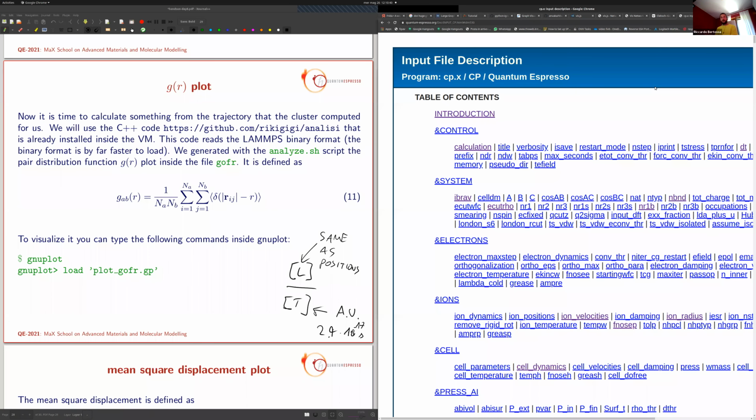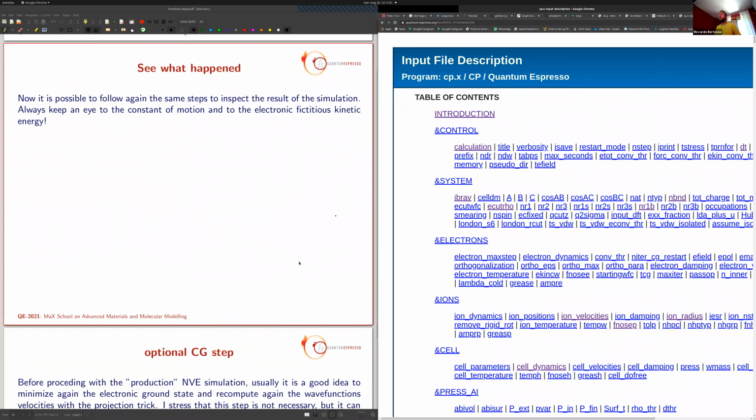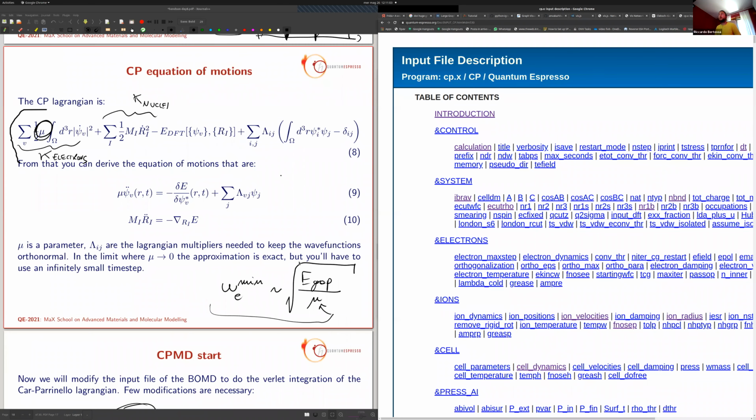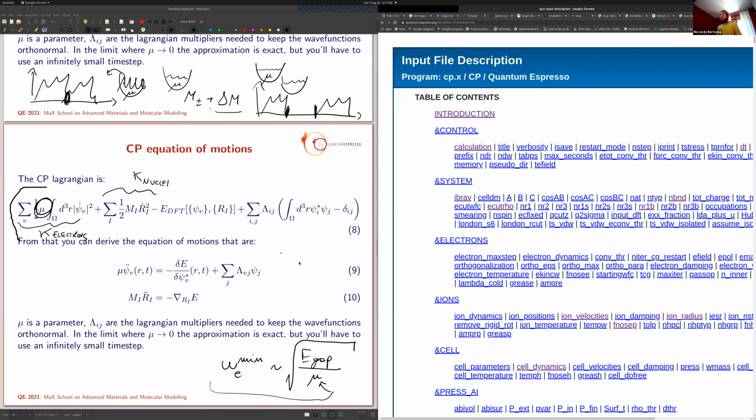The most common error that the code outputs is "ortho went bananas". Ortho is the part of the algorithm that computes the orthonormality constraints, and it is iterative.